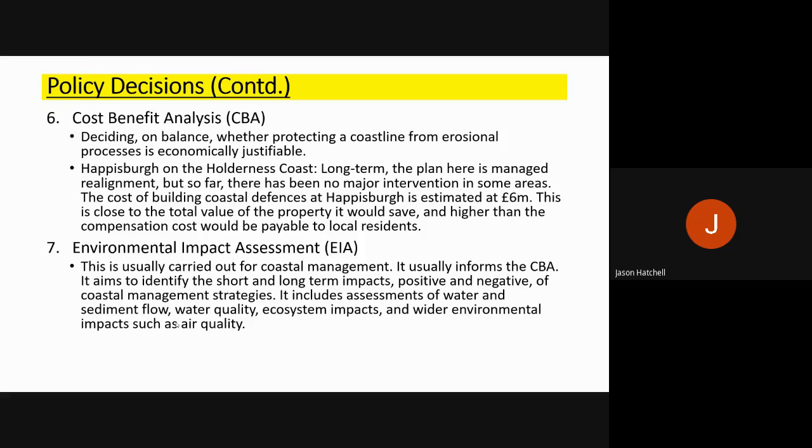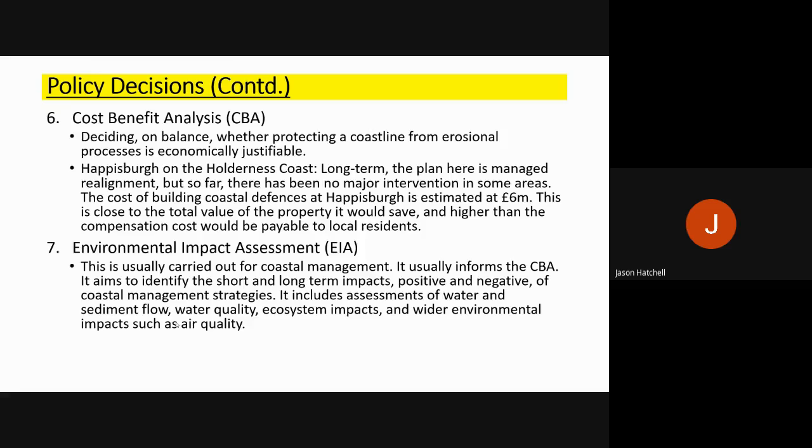And actually, if we were to pay compensation to the people living in Haysborough, it would cost more than £6 million. So you may think, on a cost benefit analysis, therefore, £6 million to protect those homes and those livelihoods at Haysborough, it would cost more than £6 million to pay them off, to let them lose their homes and land. Maybe we should just pay the £6 million to protect the area. That's the idea with a cost benefit analysis.